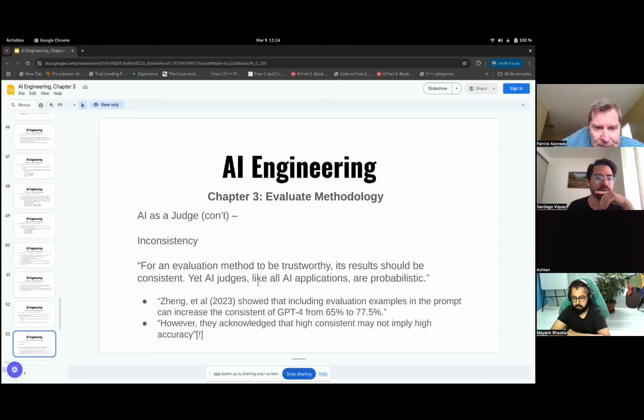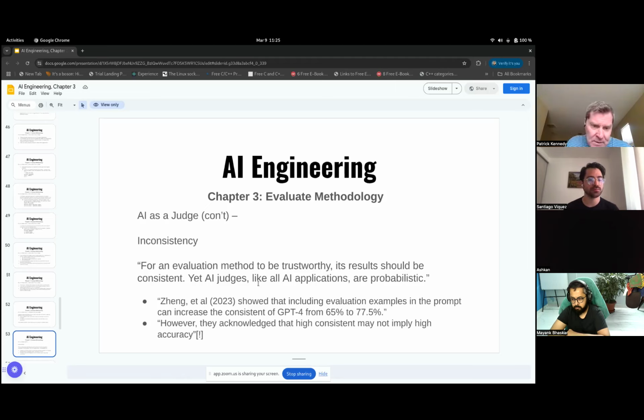Inconsistency. For an evaluation method to be trustworthy, its results should be consistent. Yet AI judges, like all AI applications, are probabilistic. So this is a problem because the AI judge could be asked to return an answer more than once, and sometimes the answer will vary.